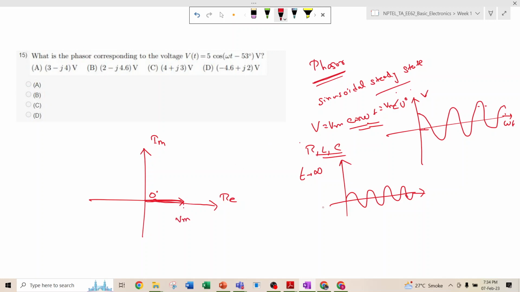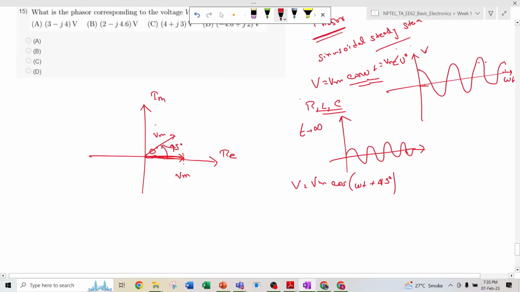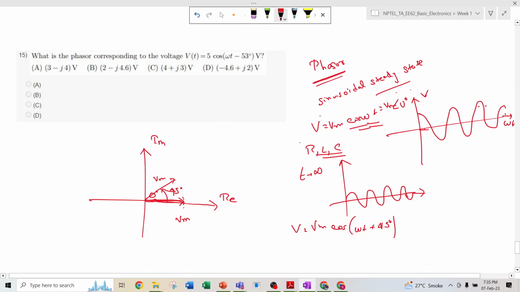So suppose you have V equal to Vm cos omega t plus 45 degree, that means you have the same magnitude as this, and this angle will be 45 degree. So we use this phasor form to actually make our problem simpler.